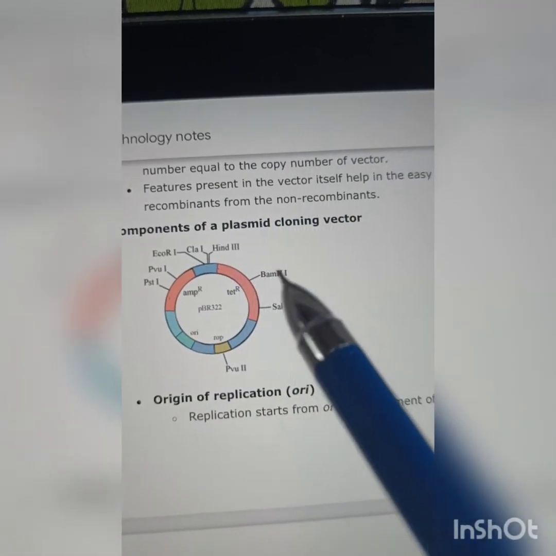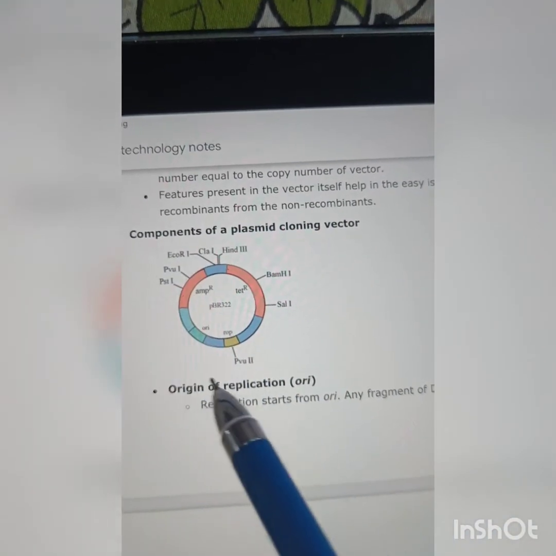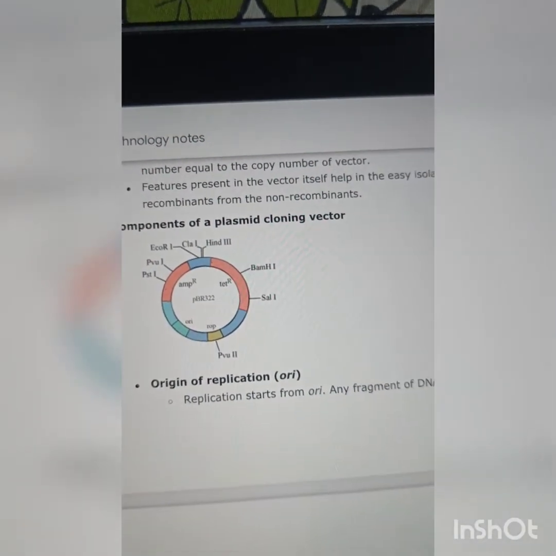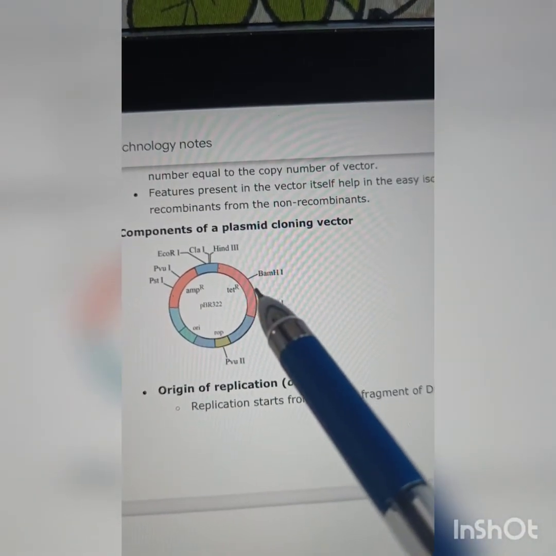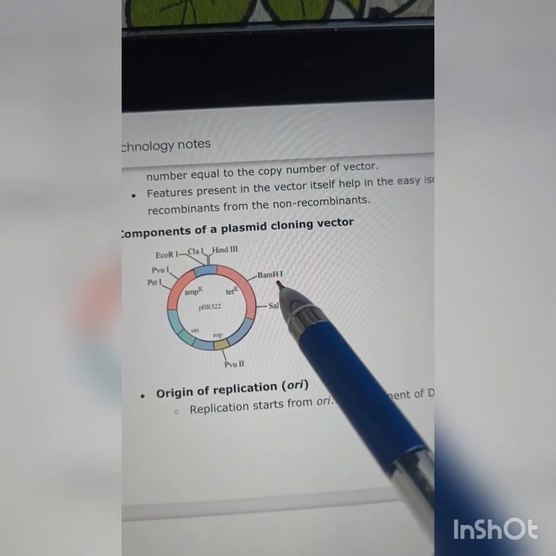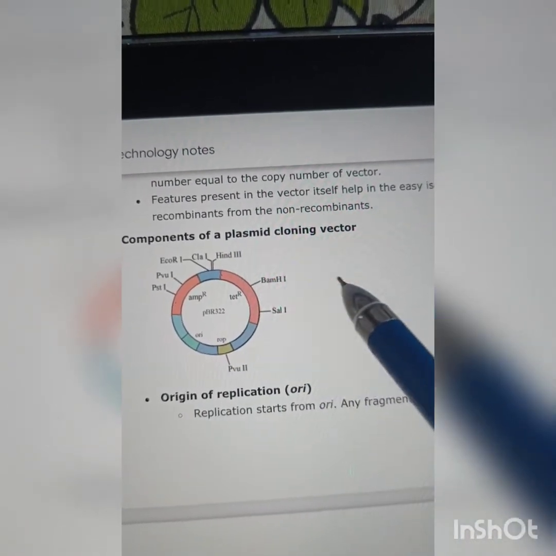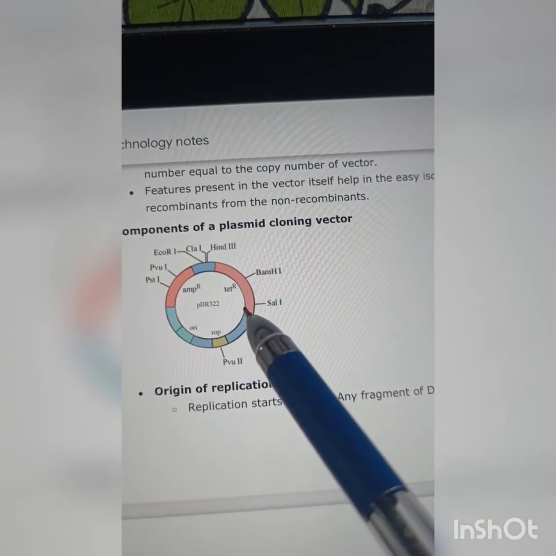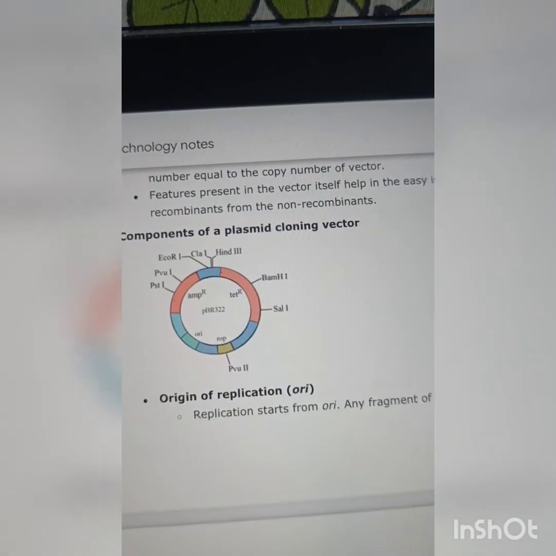So for each restriction enzyme there will be a particular recognition site. Only at this site can this restriction enzyme cut this vector, and we can paste the foreign DNA or our gene of interest in that region.